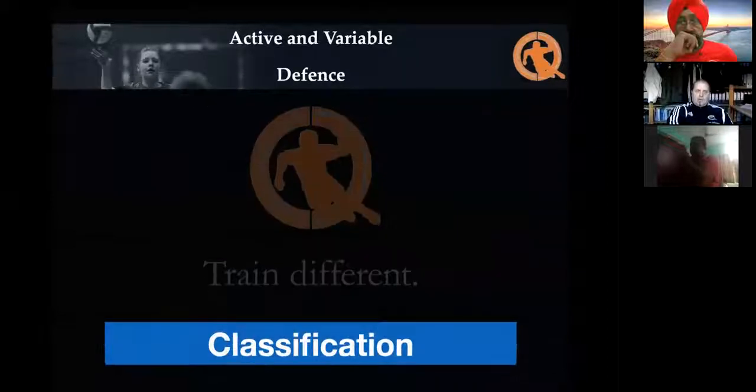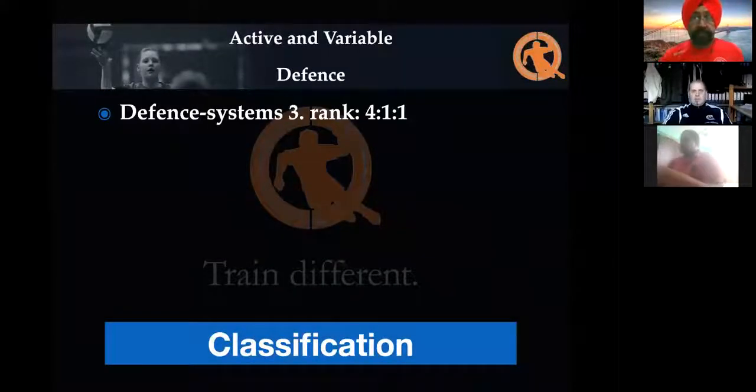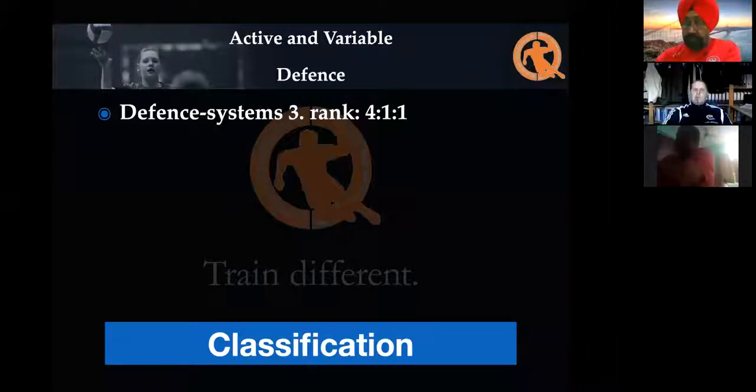Now, the second defense system of a third rank is the so-called 4-1-1. And as you can see from the name we give, it's a zone defense, but in 3 lines.